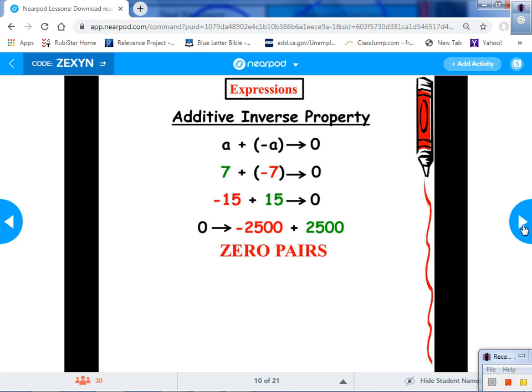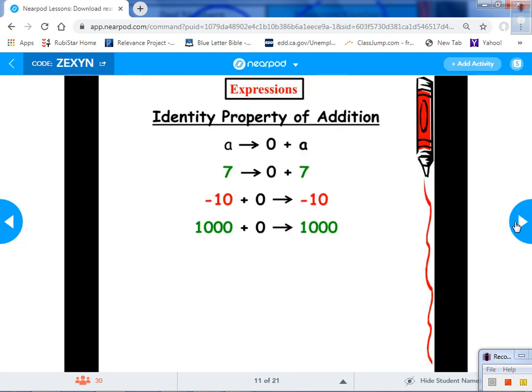Okay, tell your neighbor in your own words a definition for that property, please. Okay, we good? I heard a number plus its opposite is 0. Yes, something like that? We got that? And then we go to the identity property of addition. In your own words, tell your neighbor what would be a definition for that.